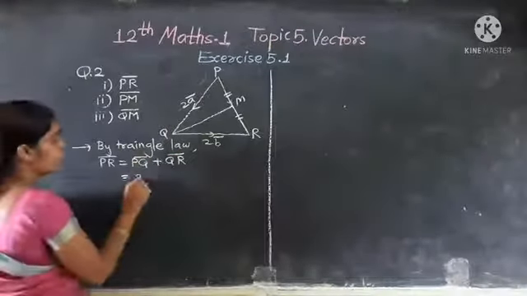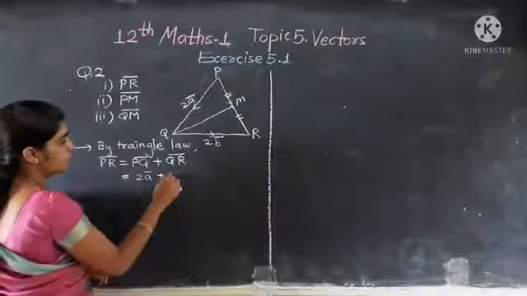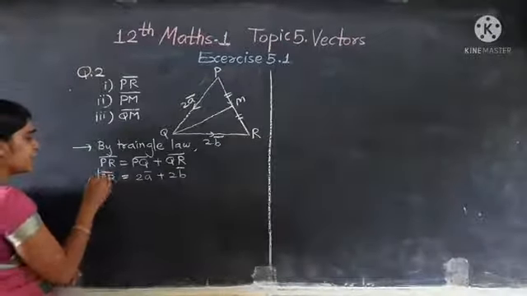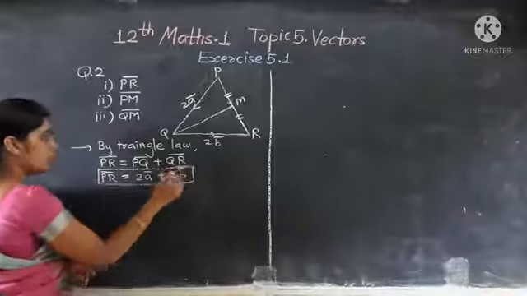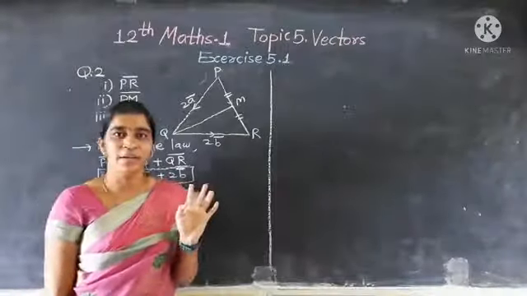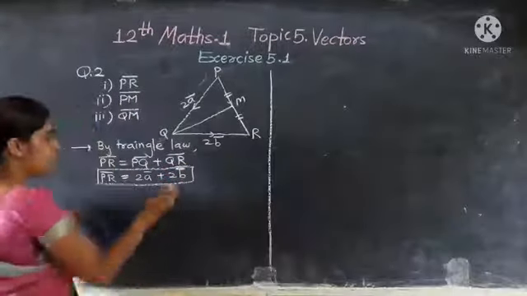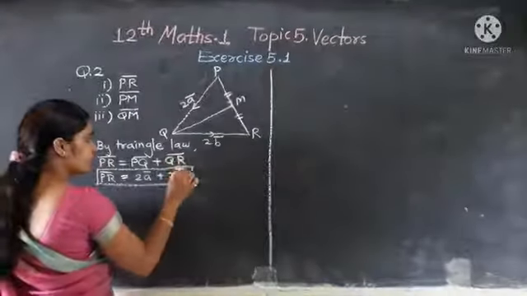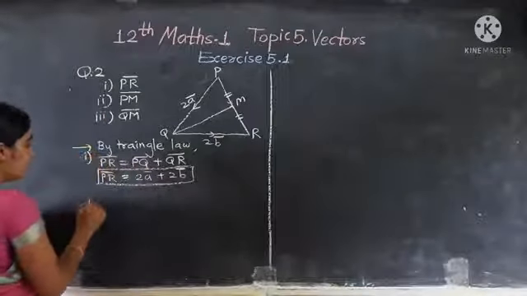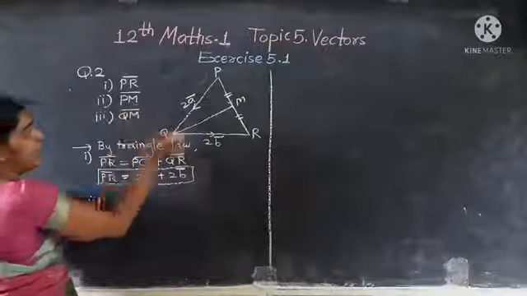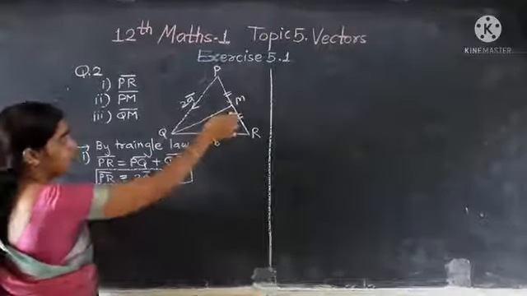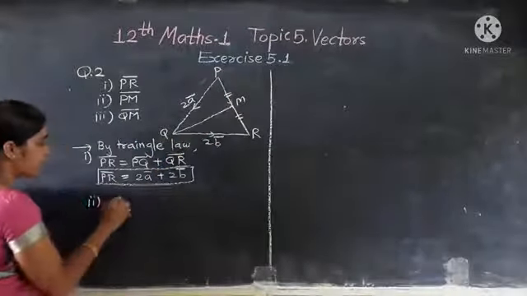What is PQ? 2A bar, plus 2B bar. So we get PR bar as 2A bar plus 2B bar. Okay. Similarly, this is the first. Second, we want PM bar. We found PR, now we find PM bar.